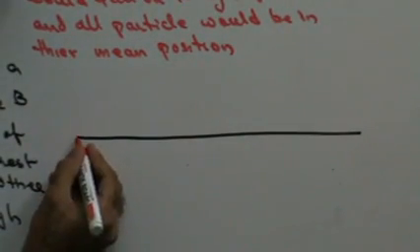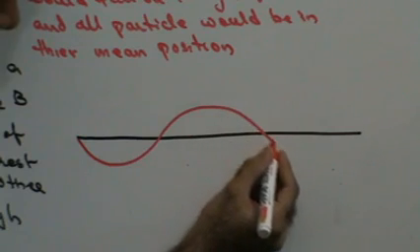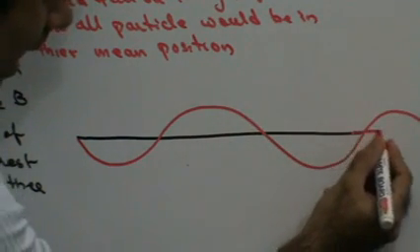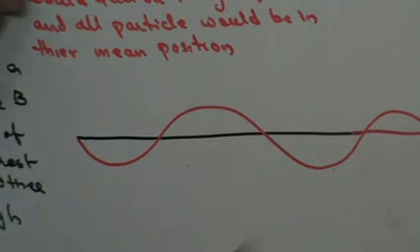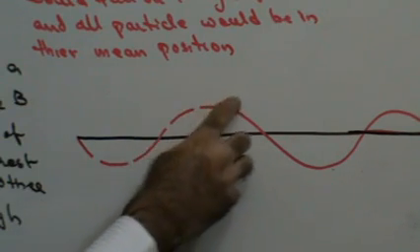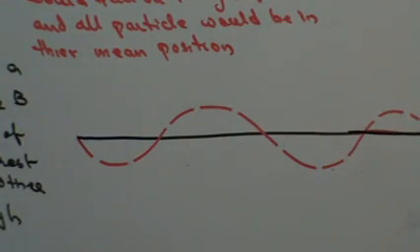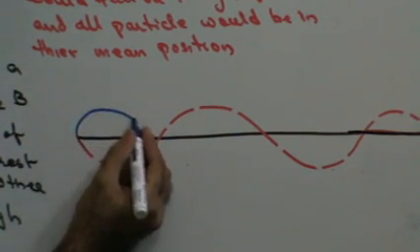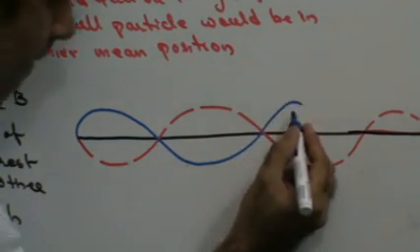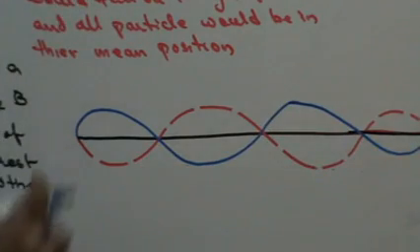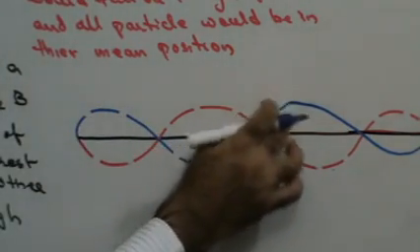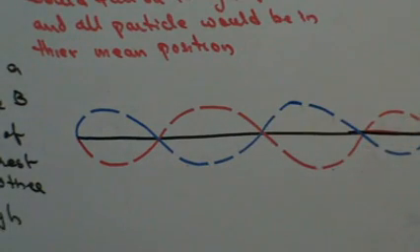The wave would start from here, and wave B would now... particles will be again in their mean position. So this is how you would have it.